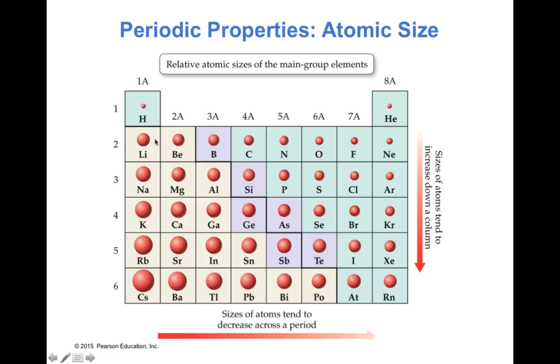Those protons will pull those electrons closer to the nuclei, causing the atomic size to decrease from left to right. But when you're going from top to bottom in a family, because you're increasing the principal number, the atomic size also will increase when you're going from the first row to row number 6.